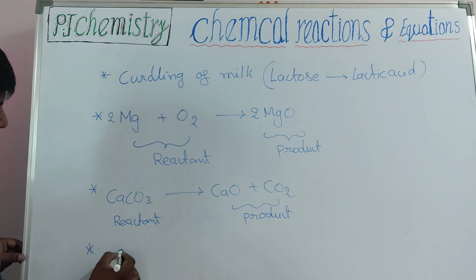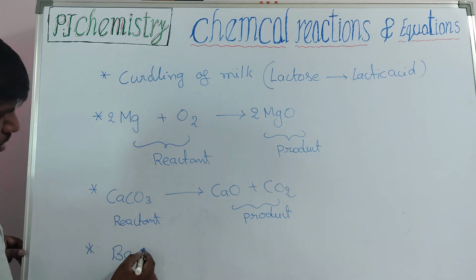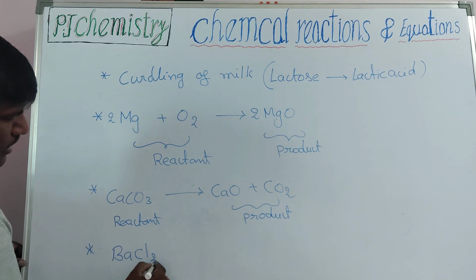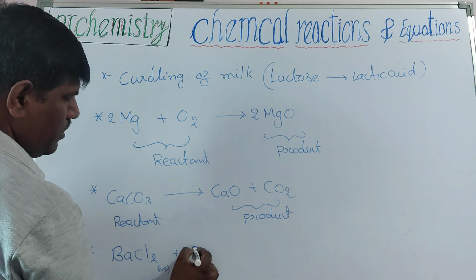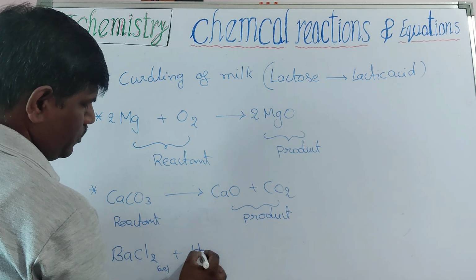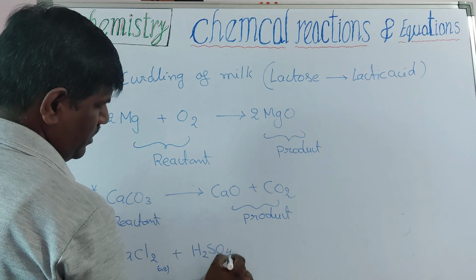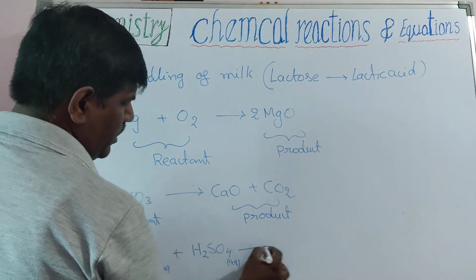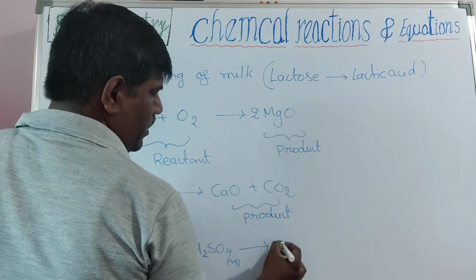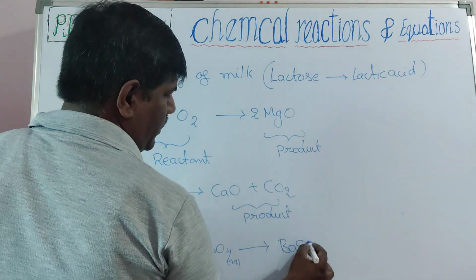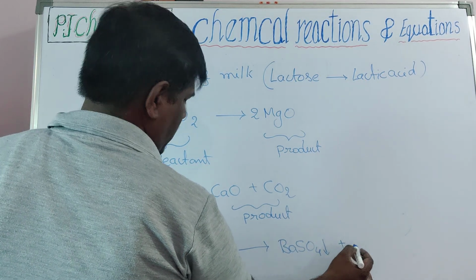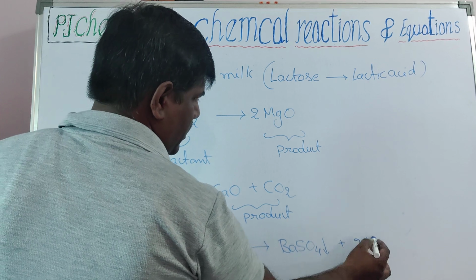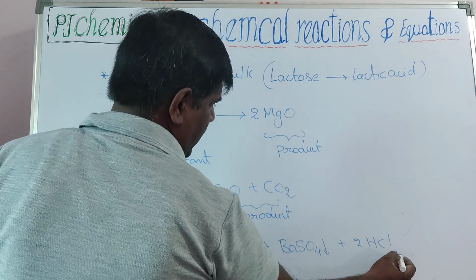Next, if you take barium chloride plus H2SO4, sulfuric acid, it forms BaSO4, barium sulfate, which is an insoluble substance, and forms HCl, hydrochloric acid, in aqueous medium.